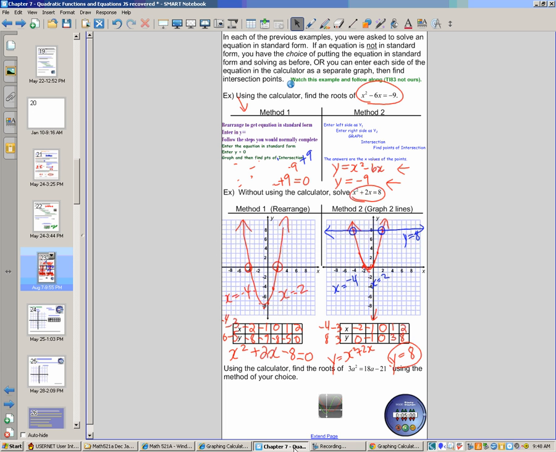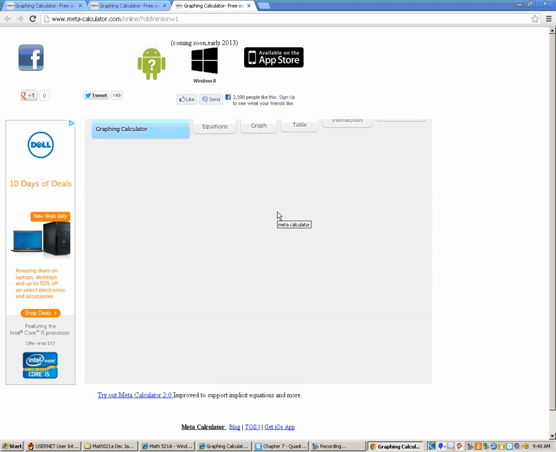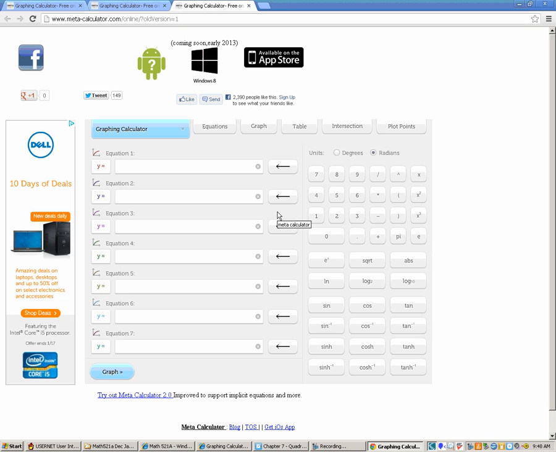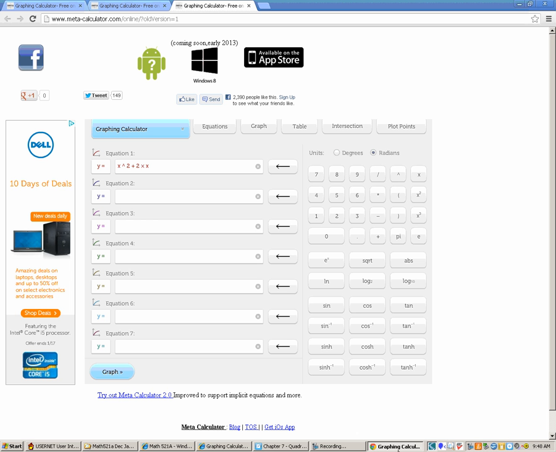So if you're doing both sides, you have y equals x squared plus 2x on the one side, and then the other one was y equals 8. Okay, that's the right hand side.